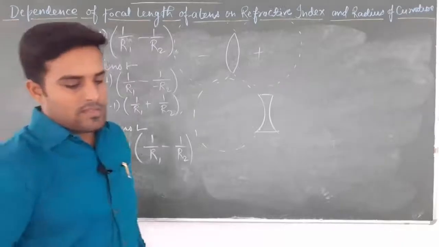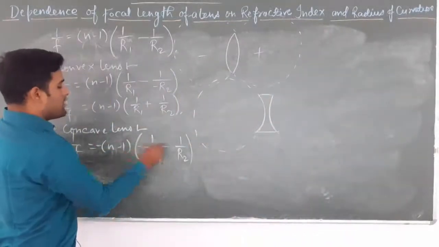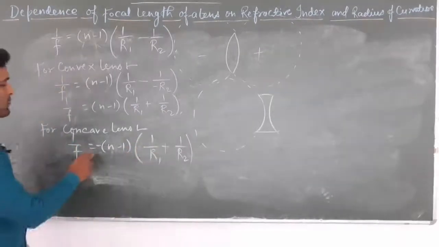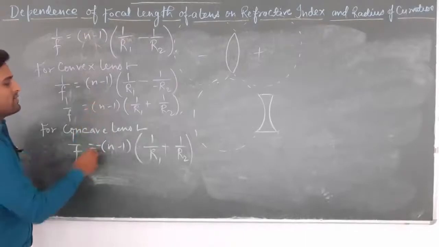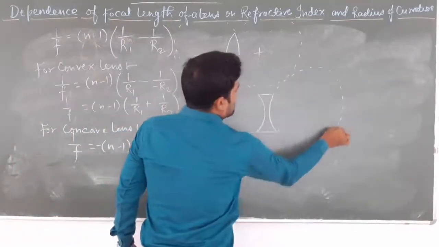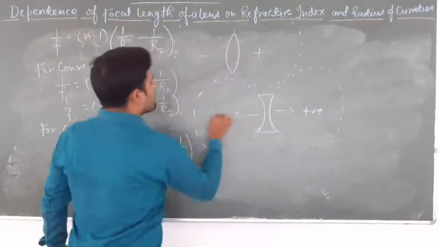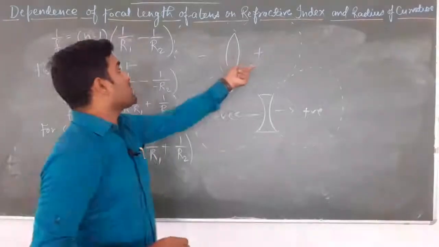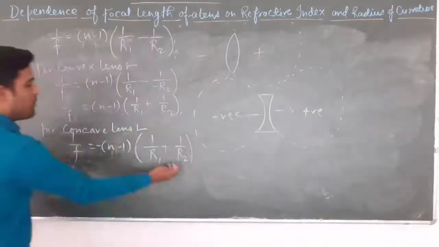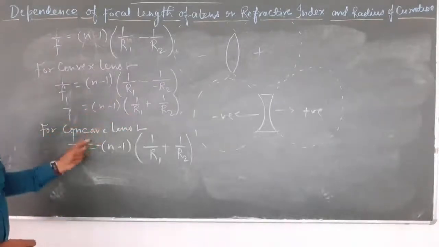Taking minus common, both terms become plus: 1 by R1 plus 1 by R2, but here there is a negative sign. This is the difference between both. For the convex lens, the first radius is positive and the second negative; here the first is negative and the second is positive. This is the difference between the equations.